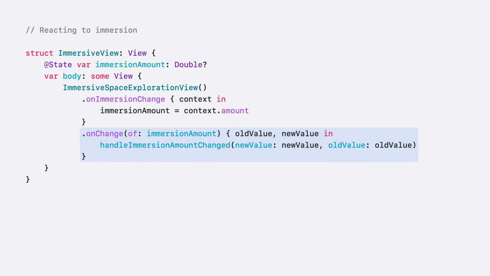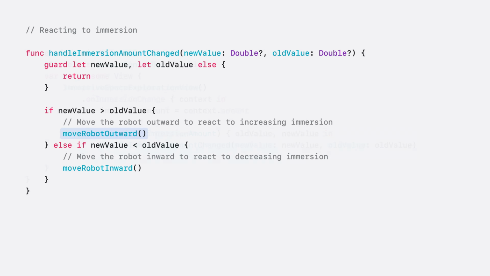I use onChange to handle changes to the stored immersion amount, extracting the new and old values from the closure to pass along. To make the robot react to changes in immersion amount, I call a function that triggers the robot to move outward when the immersion amount increases. And I call a function that triggers the robot to move inward when the immersion amount decreases.